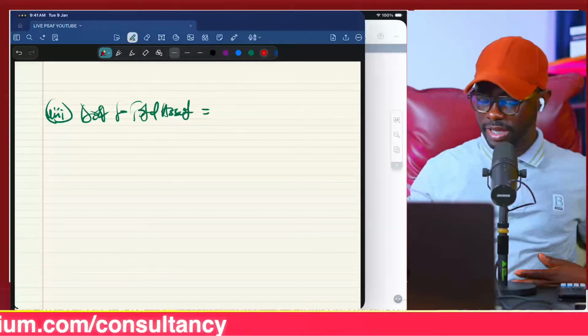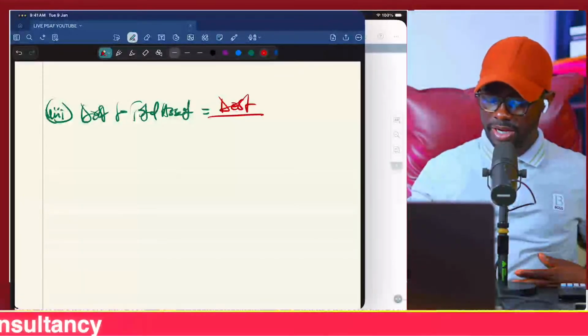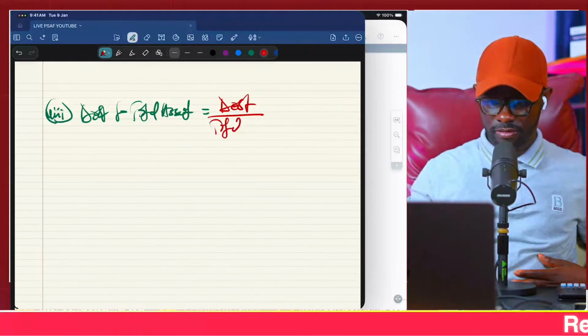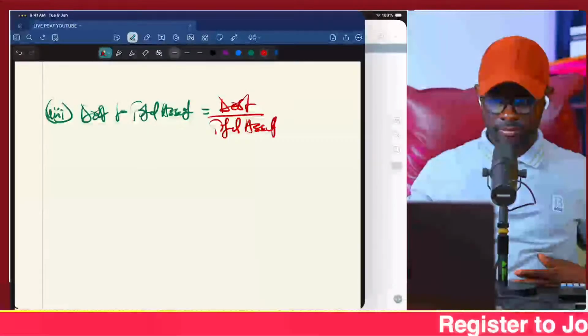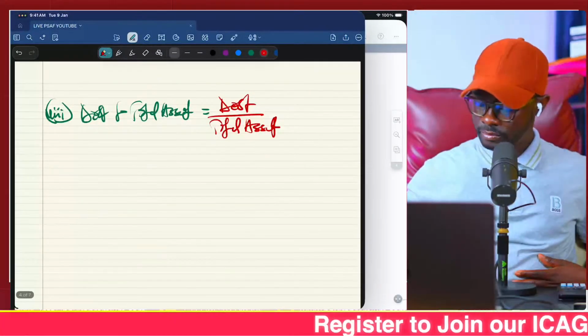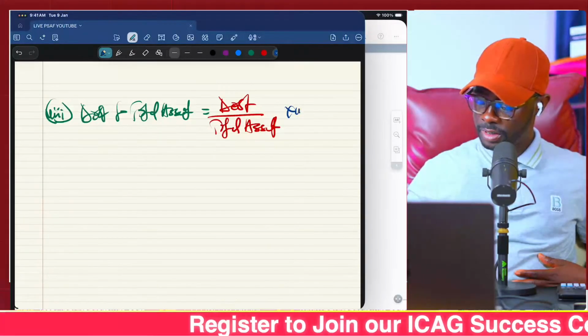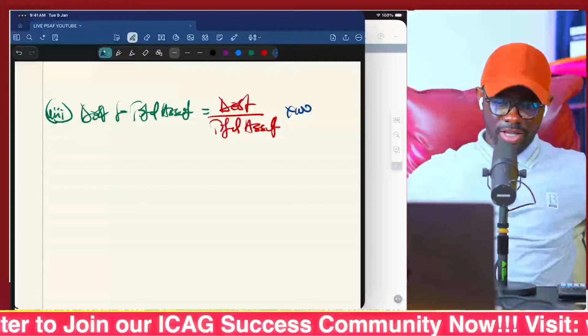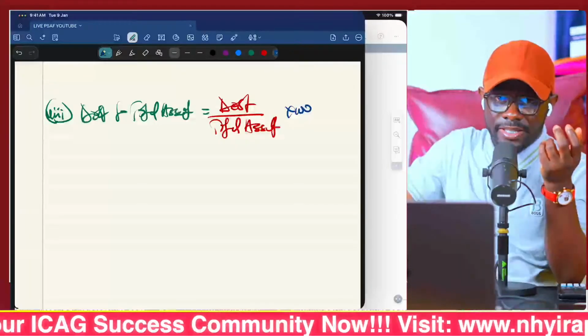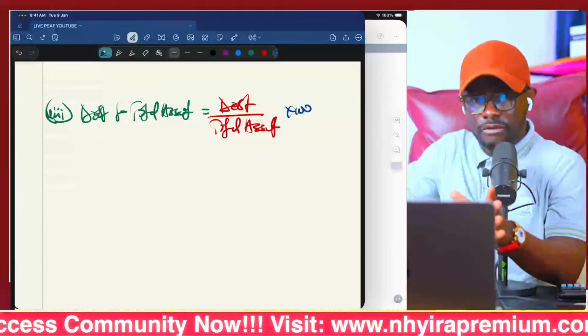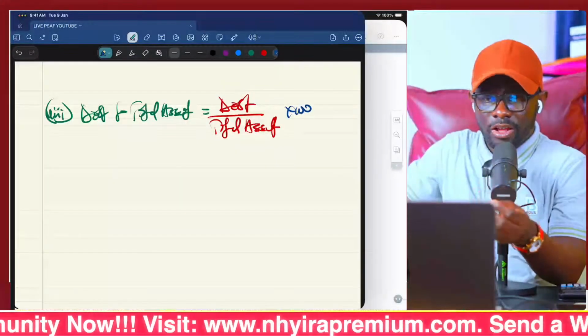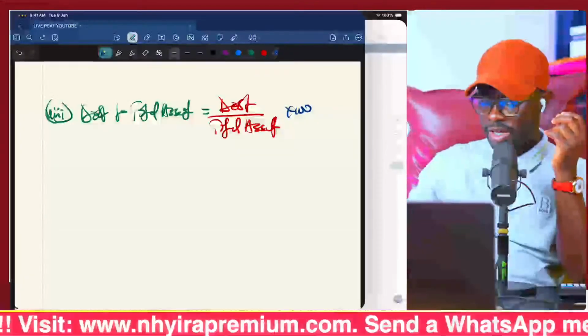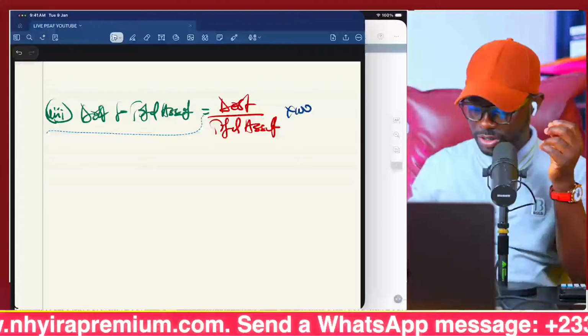And that's going to be the interest-bearing debt over total asset times 100. So you are looking at the percentage of the total assets of the entity financed by debt. So it's like gearing, long-term solvency. So this one is assessing the long-term solvency of the universities.